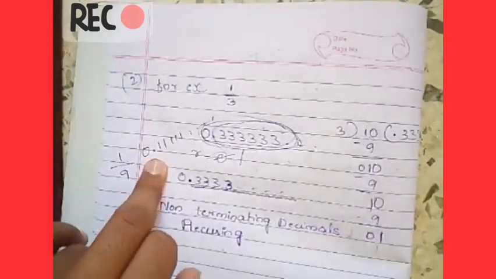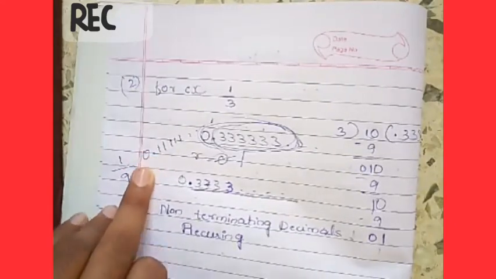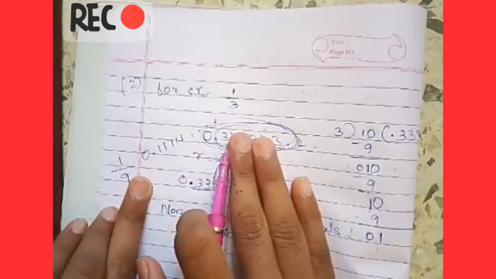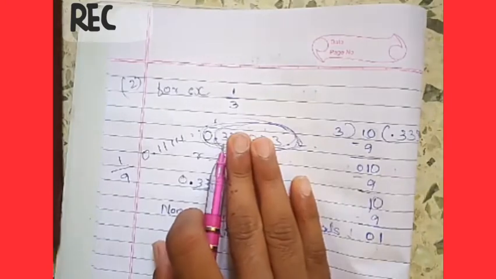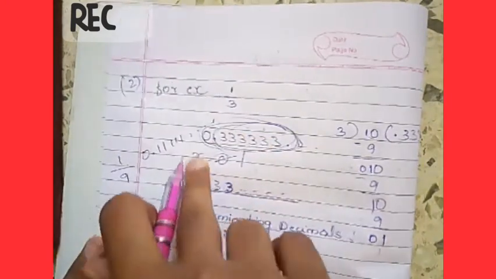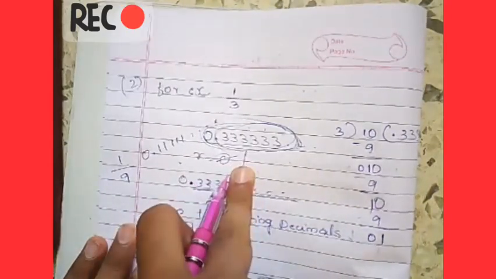So after the decimal point, the digits have no end. If you solve, then also you will not get the remainder 0. You will get the remainder 1.